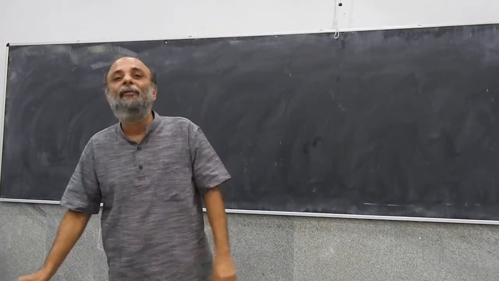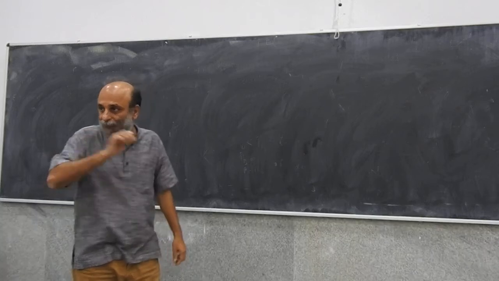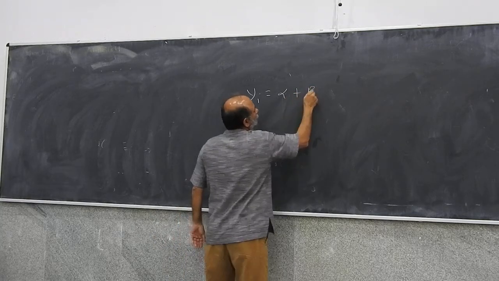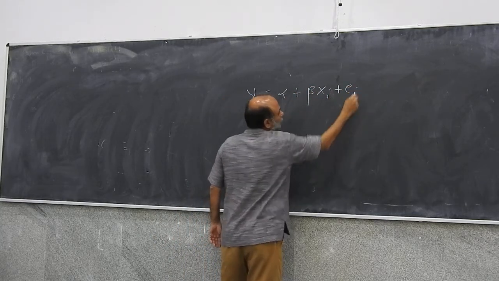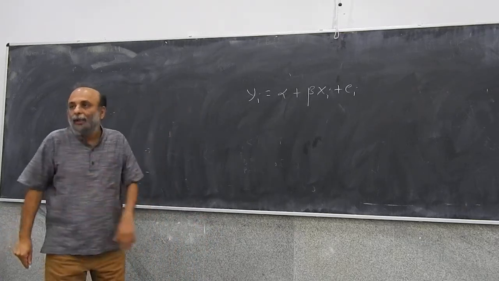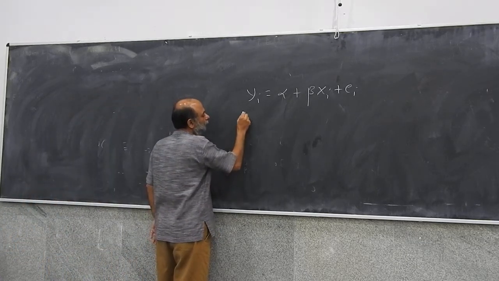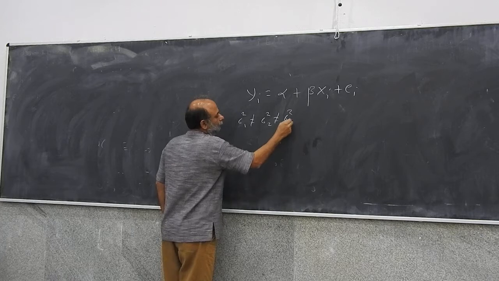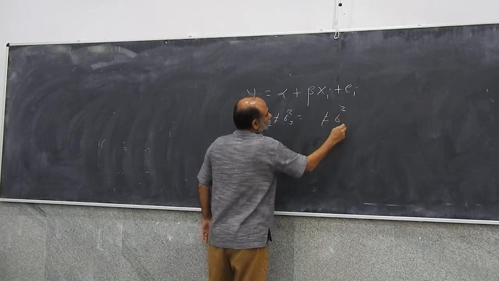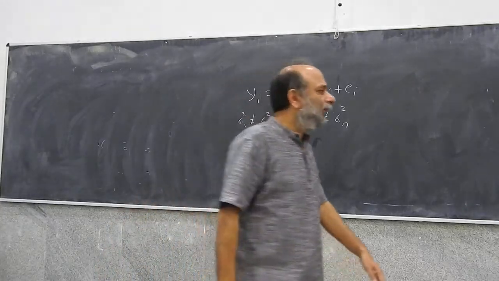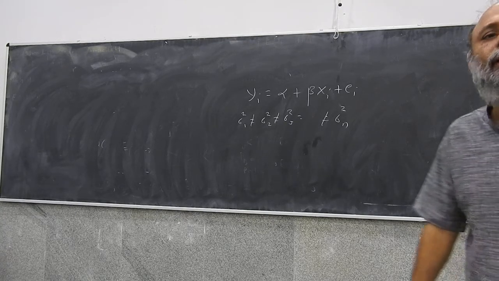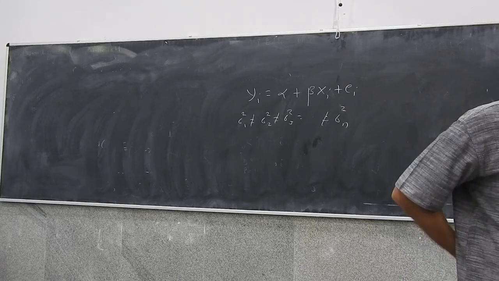What we said in the weighted least squares model was that potentially each of the error terms has a different variance.